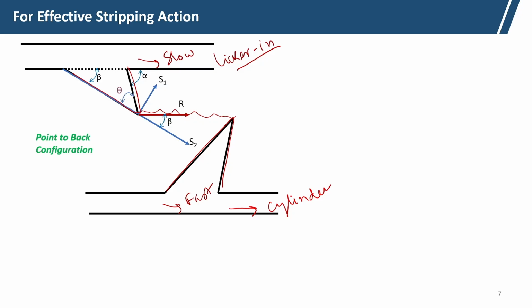Now, this is point to back configuration. Here again we actually get the force. R is the force applied on the fiber.